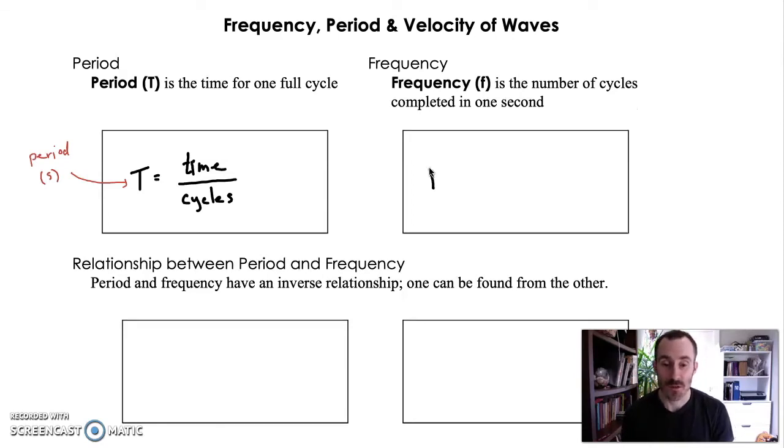So for frequency, F, that's equal to cycles, or number of cycles, divided by time. Okay, and the frequency is measured in cycles per second, but that has a special name, that's hertz. So this is frequency, and it is measured in hertz, Hz.